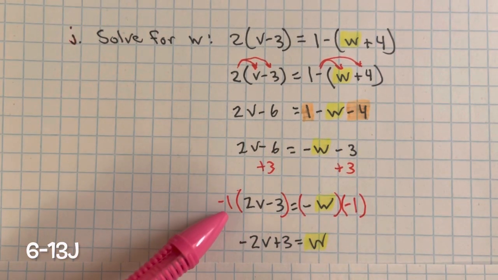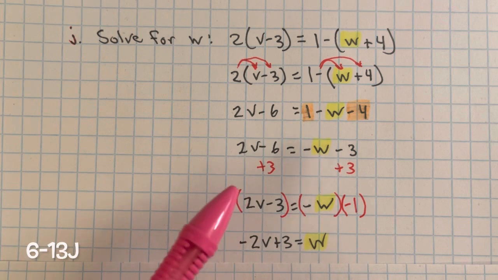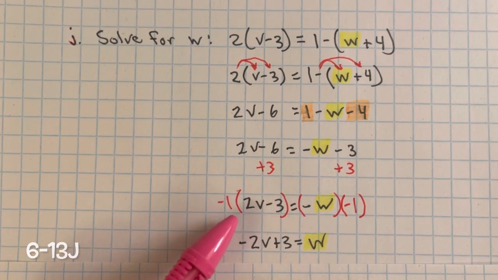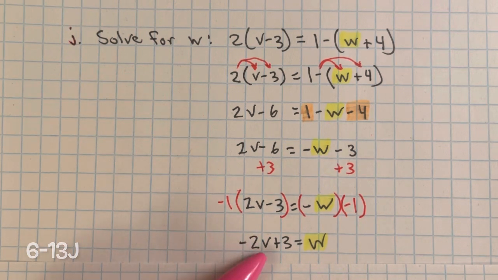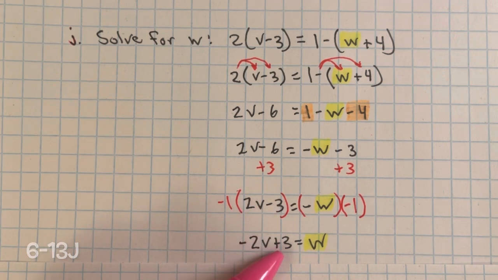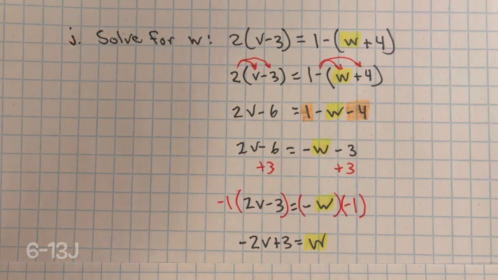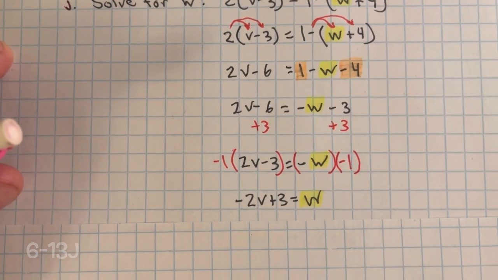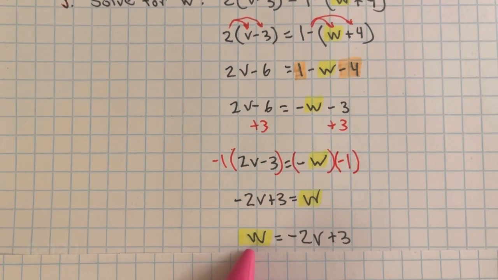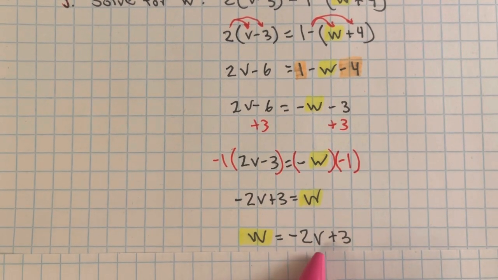Now what you do to one side, you have to do to the other. And remember, you have to do it to each term on the left side. So negative 1 multiplied by 2v is negative 2v. Negative 1 multiplied by negative 3 is a positive 3. And since we're solving for w, we should put the variable w first. W equals negative 2v plus 3.